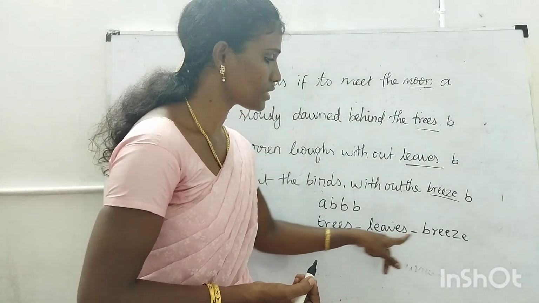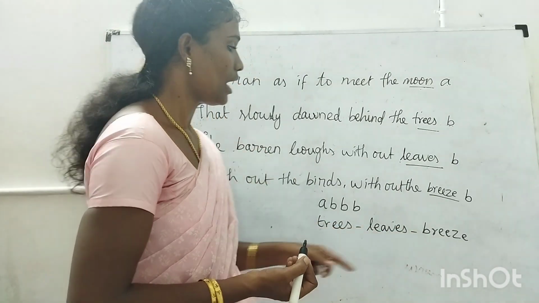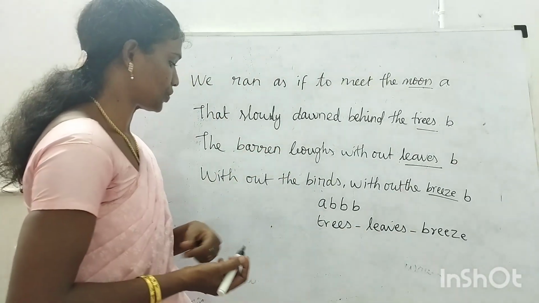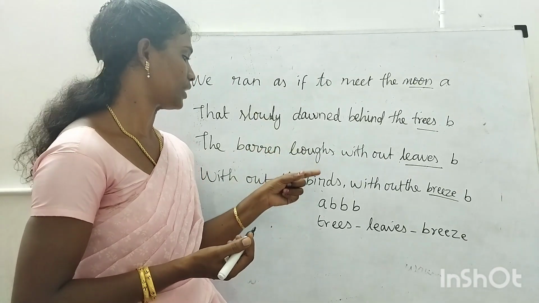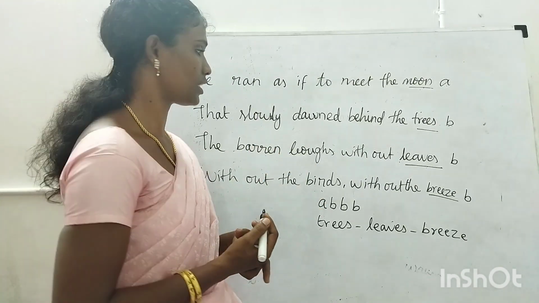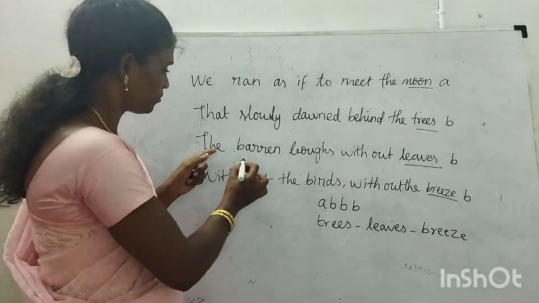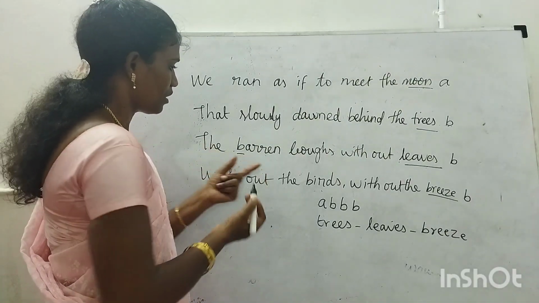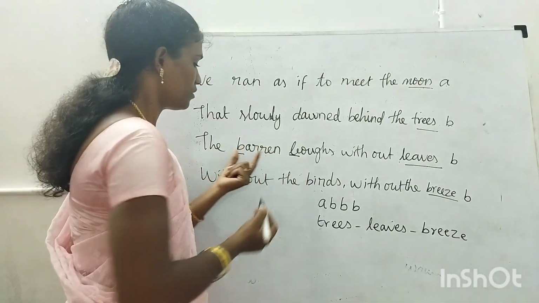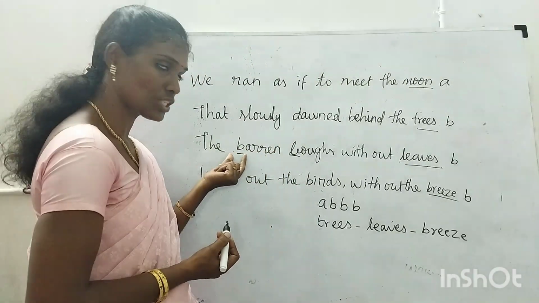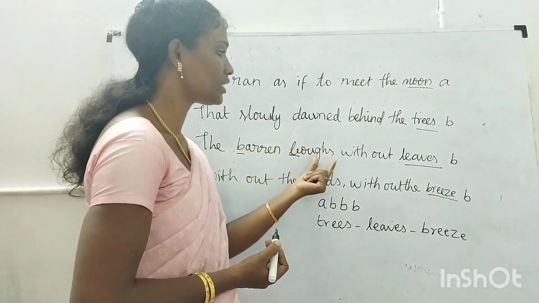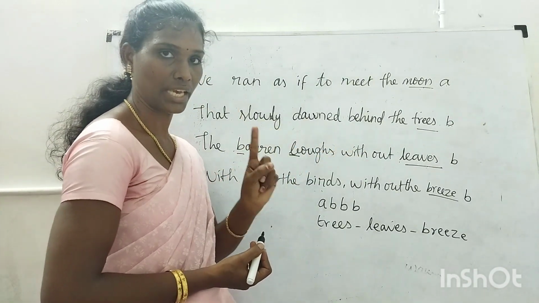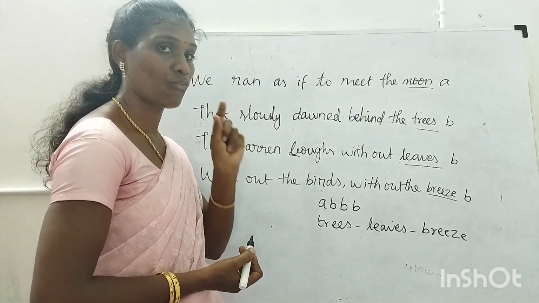Trees, leaves and breeze. And the third question is alliteration. Find out the alliteration in the second line, or else they may ask in the third line, isn't it? So if you see the third line, alliteration means what? The first letter of one word should be repeated in that same line. In a line, two words have the same first letter.